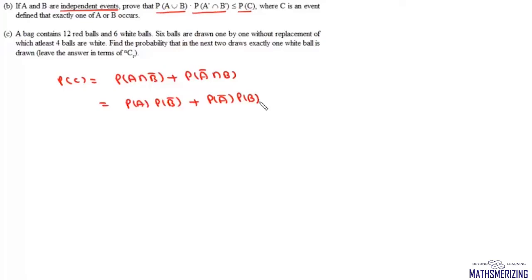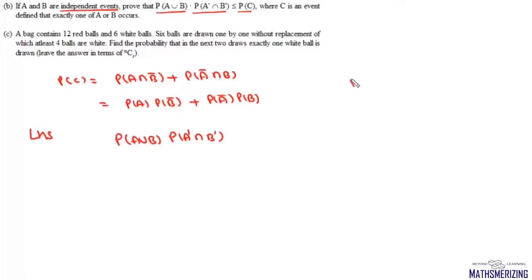Now if we look at this left hand side, we can write this left hand side as probability of A union B into probability of A naught intersection B naught.